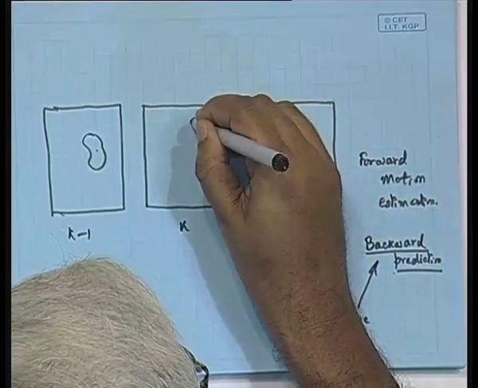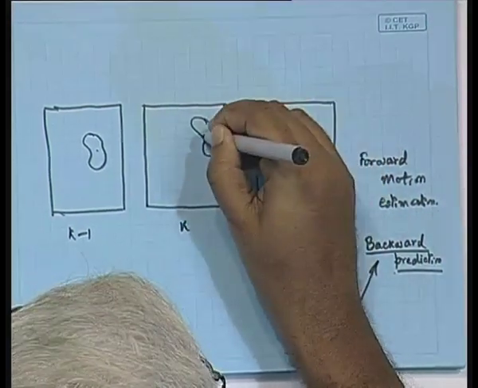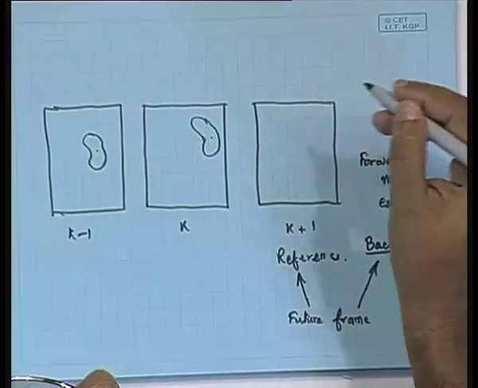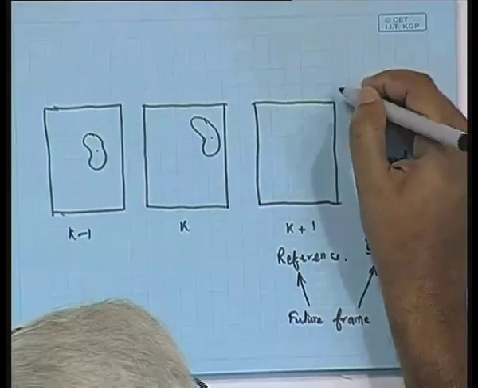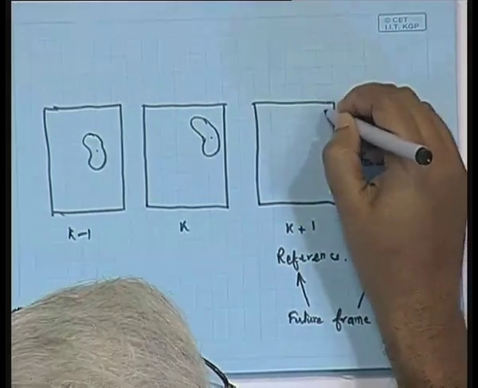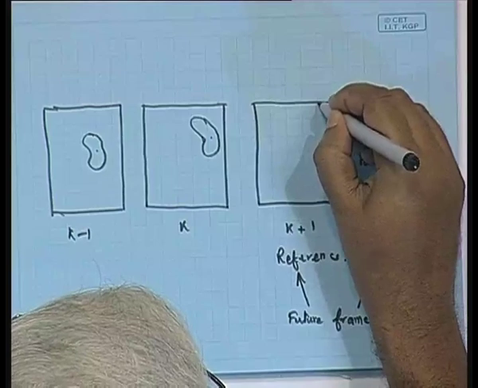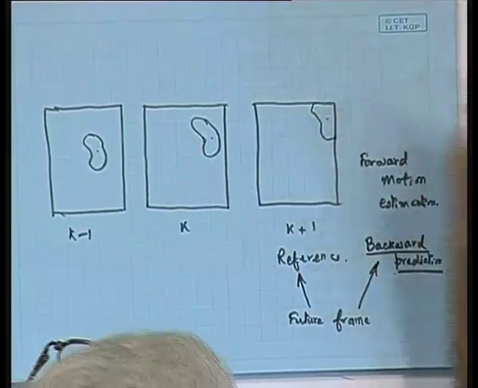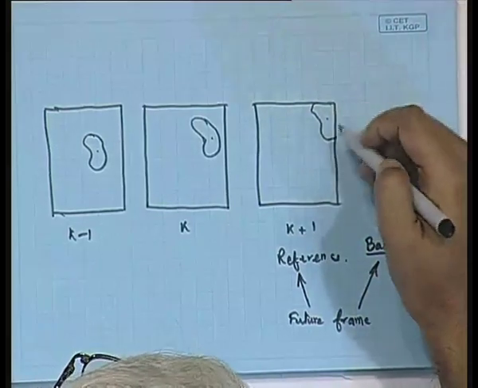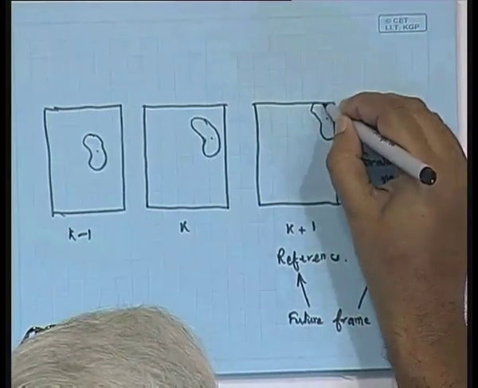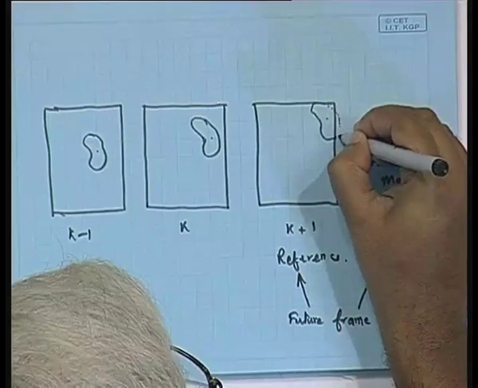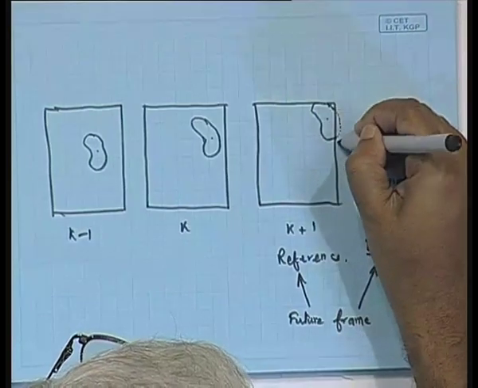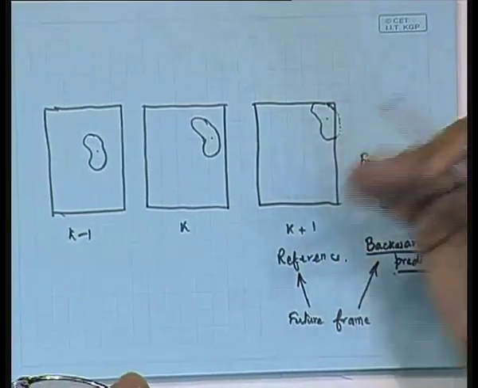In frame k it has moved by some extent, with some motion vector, and in frame k plus 1 it has moved further. So let us say it has come to this position. What you can clearly see is that in frame k plus 1, part of the object boundary lies outside the frame.